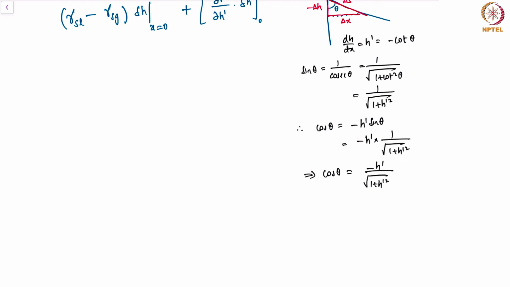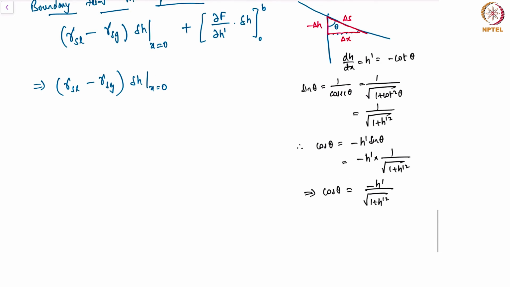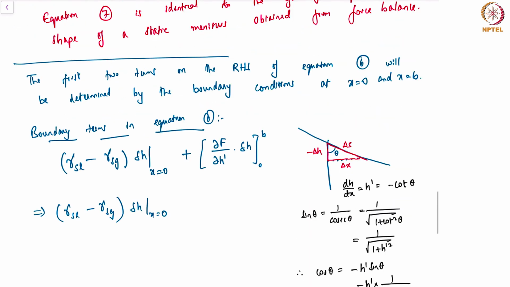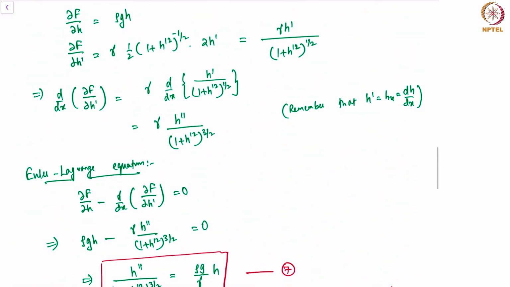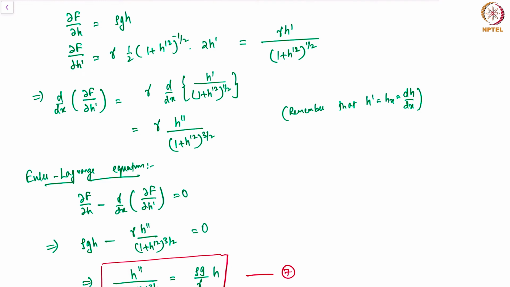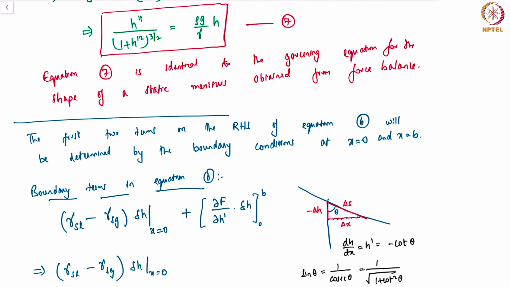So let's look at this here. I can write this expression as gamma SL minus gamma SG times delta h evaluated at x equal to 0. And what do I now have here? Del F by del h prime, which we have already calculated: it is gamma h prime by square root of 1 plus h prime square.